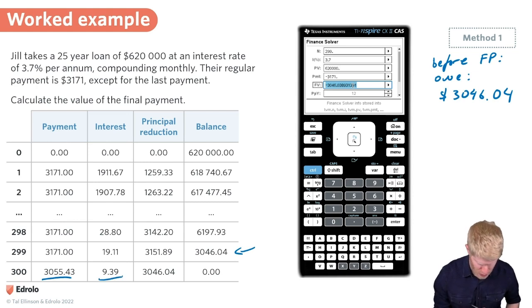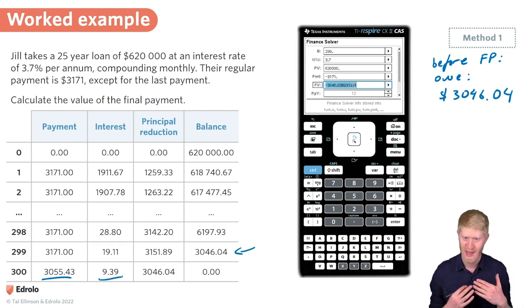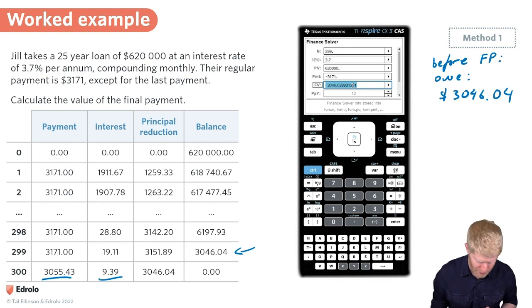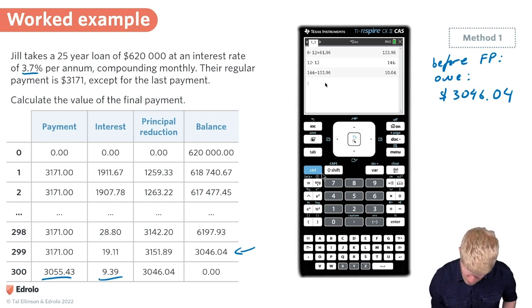Now I want to work out this interest rate, right? How much interest are we adding onto this balance before we pay it off? So we're told that we have 3.7% per annum. So if I go back to my calculations, I can do 3.7. If it's annual, I need to divide it by 12 to make it monthly, divide it by 100, and then I multiply that by the prior balance.